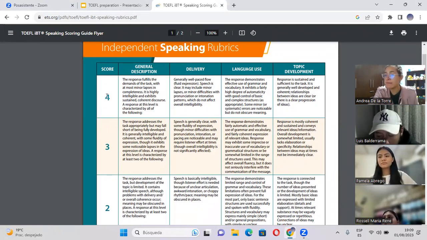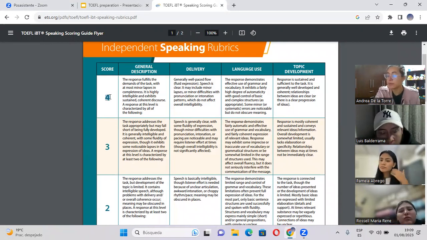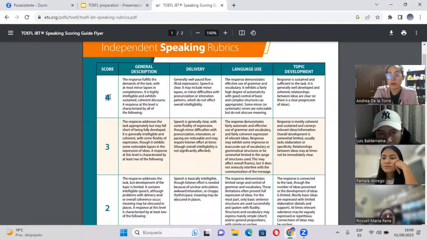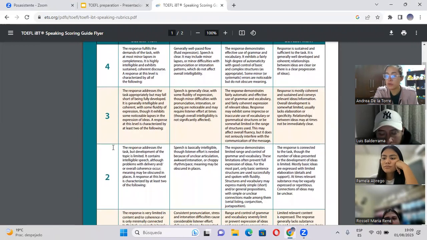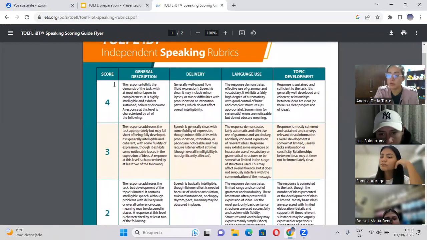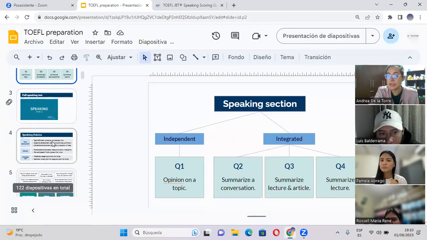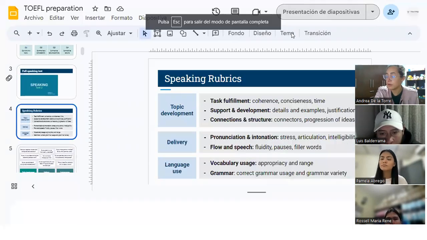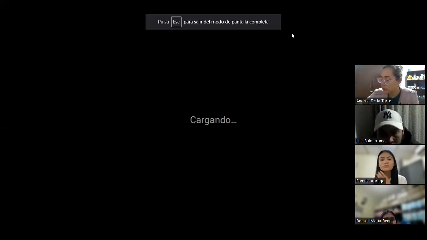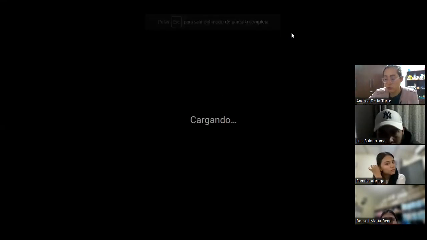For example, if you have a level 4 response, you can get from 25 to 30. If you have a level 3, you can get from 20 to 25. So depending on the level that you get here is going to be your final score. But let's talk about what they say in that PDF. I'm going to summarize it for you. What do they want from your responses?